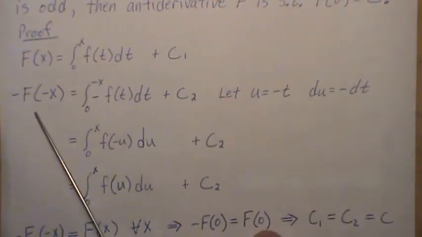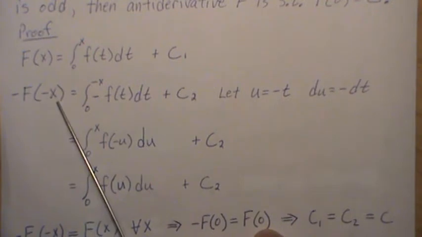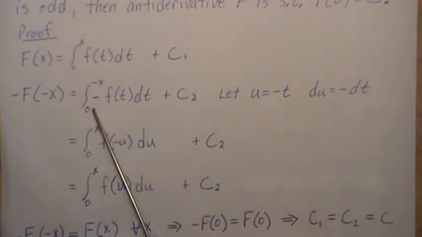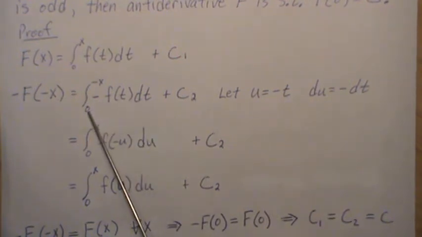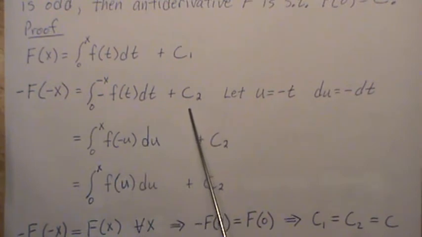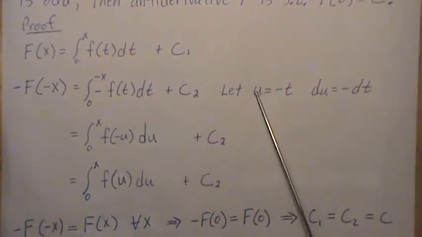Now, the minus F of minus x is this. So it's minus the integral of f of t dt from 0 to minus x, plus some constant, C2. Now we don't know if these are the same or not.